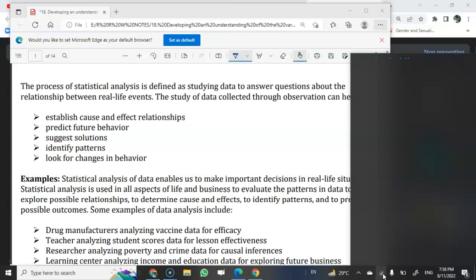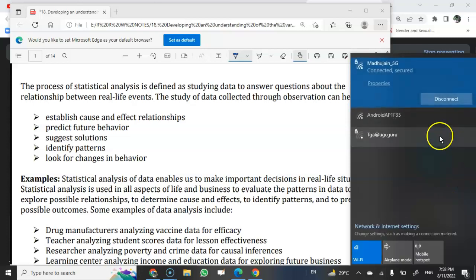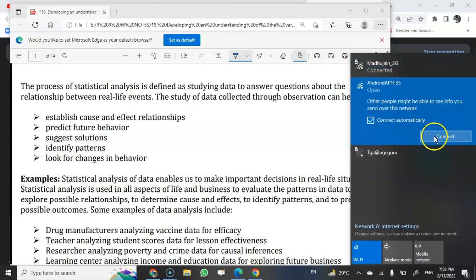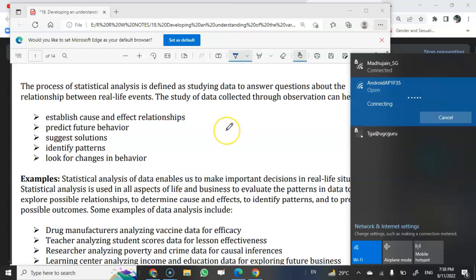So this is the process of statistical analysis. The process of statistical analysis is defined as studying data to answer questions about the cause and effect relationship between real life events.